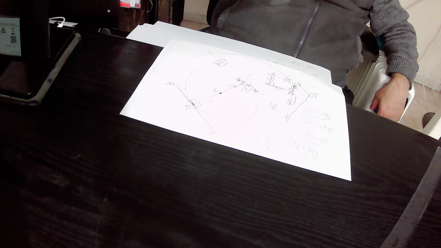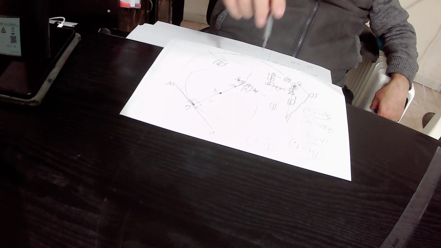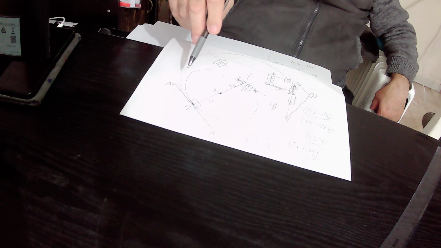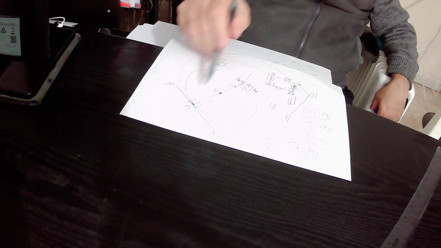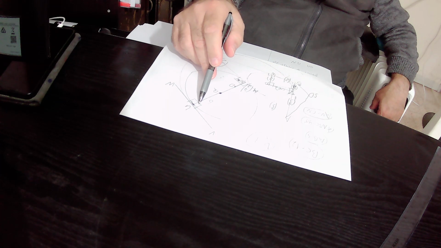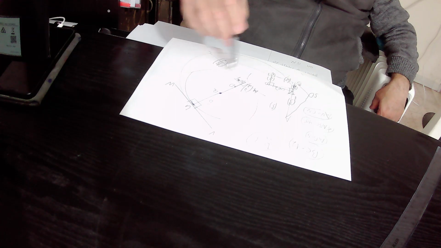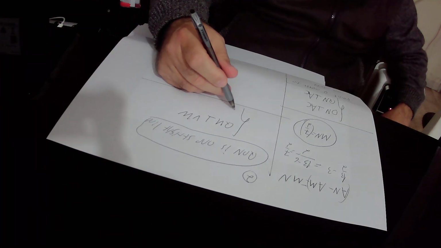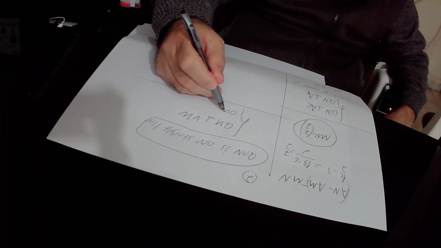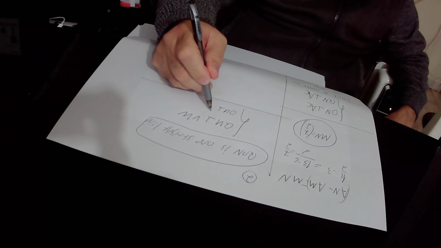Whenever you have a radius drawn to the point of tangency, tangent VW will be perpendicular to the radius UO. That is to say, this angle equals 90 degrees and this angle also equals 90 degrees. So we can write down that OU is also perpendicular to VW.